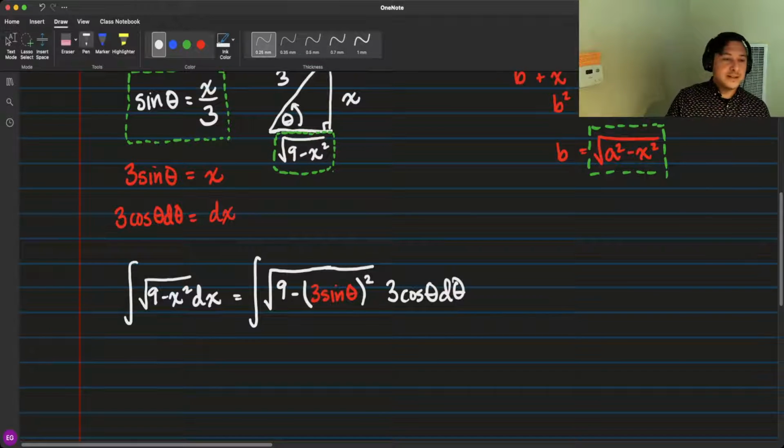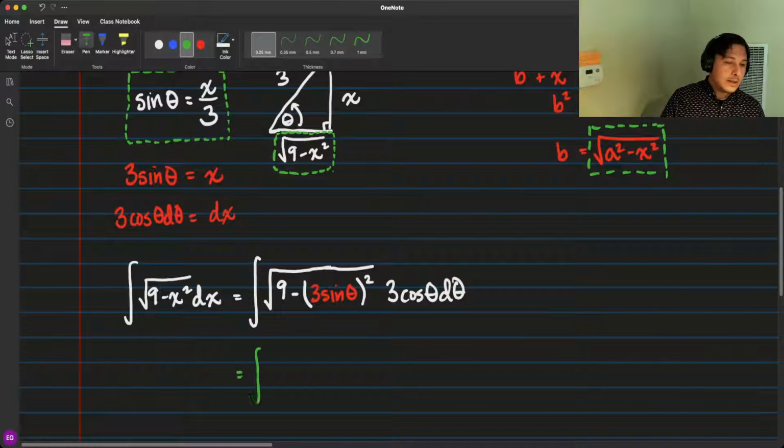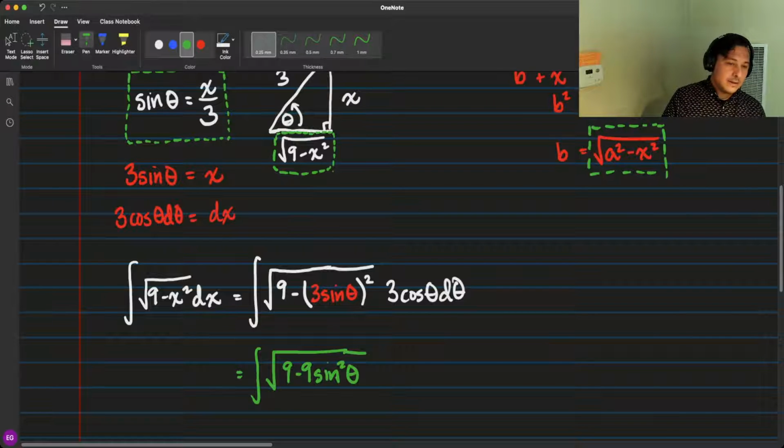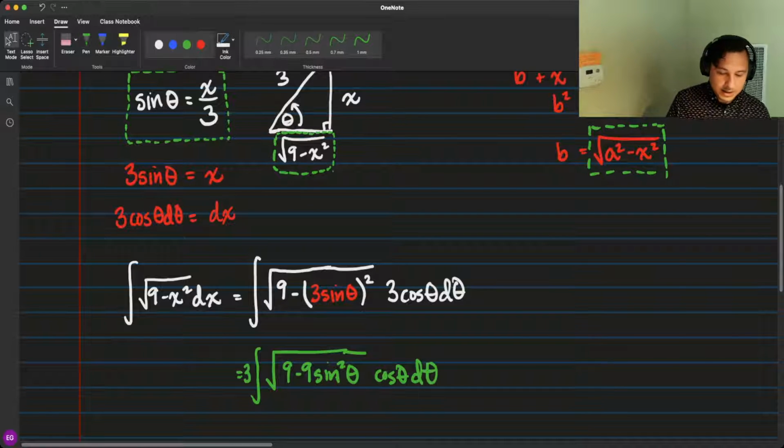Okay, so let's simplify this. You're going to get the antiderivative of the square root of 9 minus 9 sine squared theta. Let's take that 3 out. Cosine theta d theta.